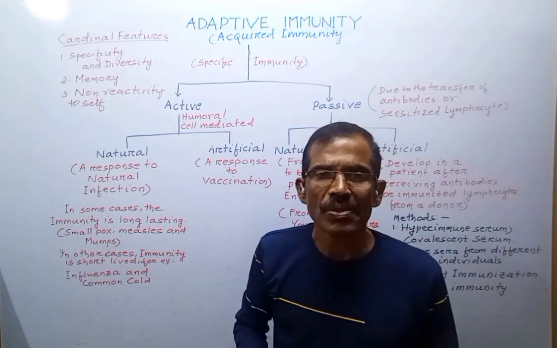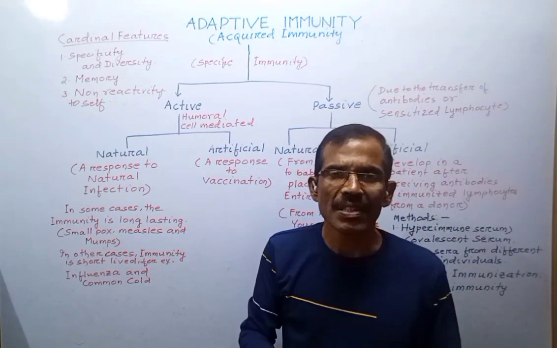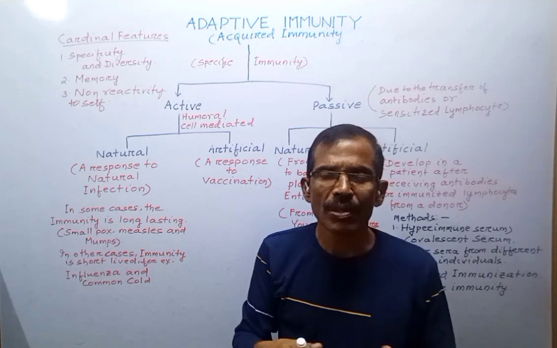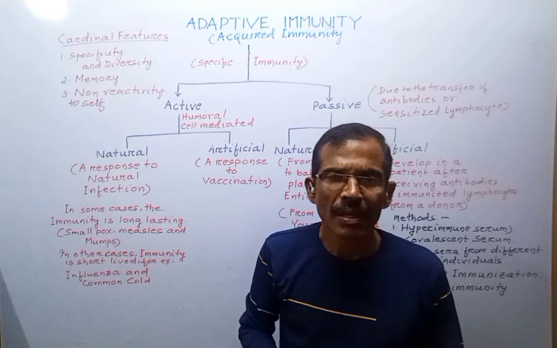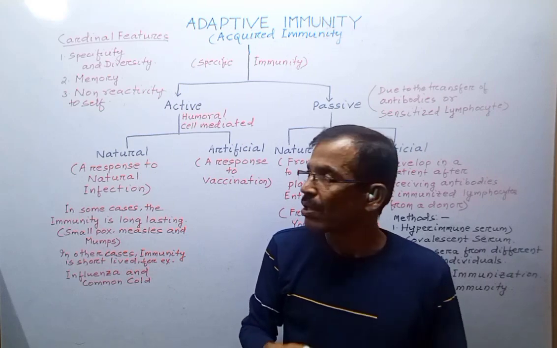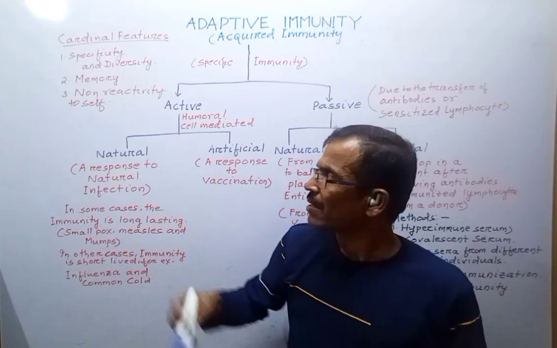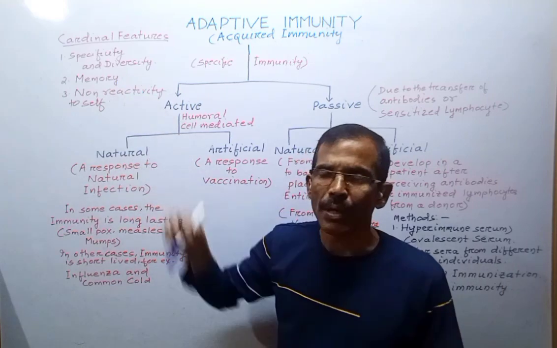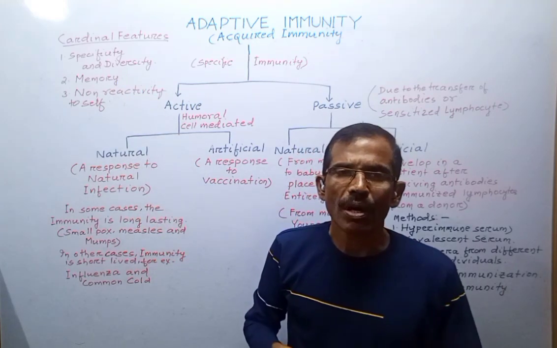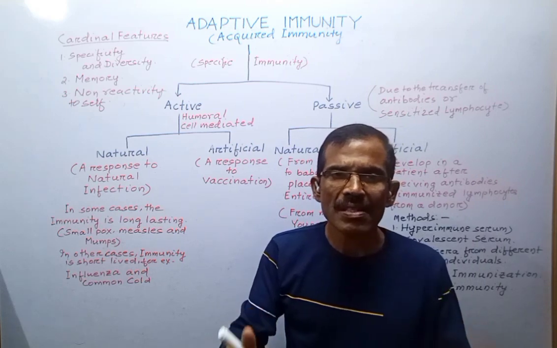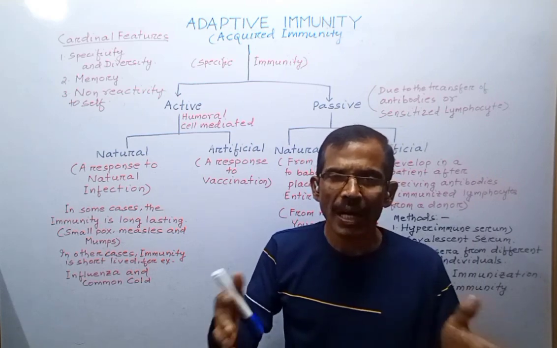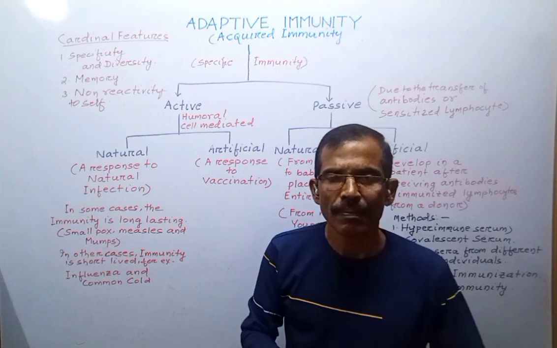Adaptive immune responses are specific for distinct antigens and often to different portions of complex proteins, polysaccharides or other macromolecules. Second one is memory. Exposure of the immune system to a foreign antigen enhances its ability to respond again to that antigen.